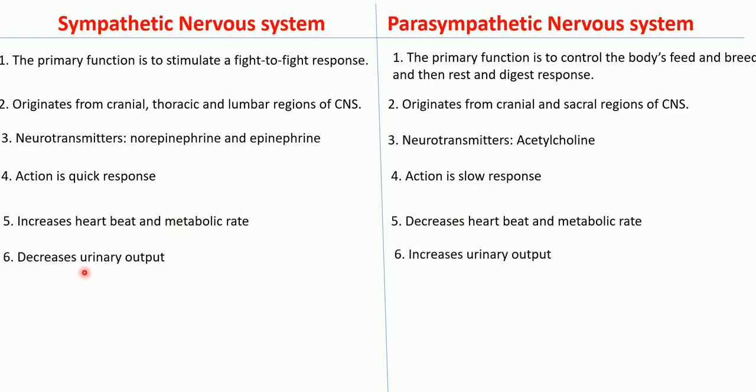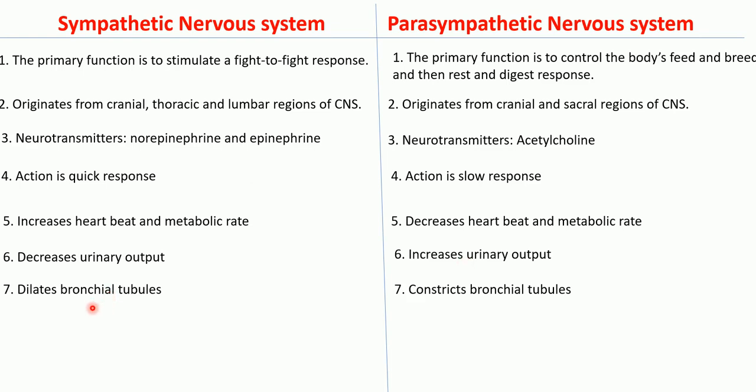Another difference, urinary output. If the person is running, then the person cannot urinate, right? So urine output decreases. Whereas in the parasympathetic nervous system, the exact opposite happens: it increases urine output.